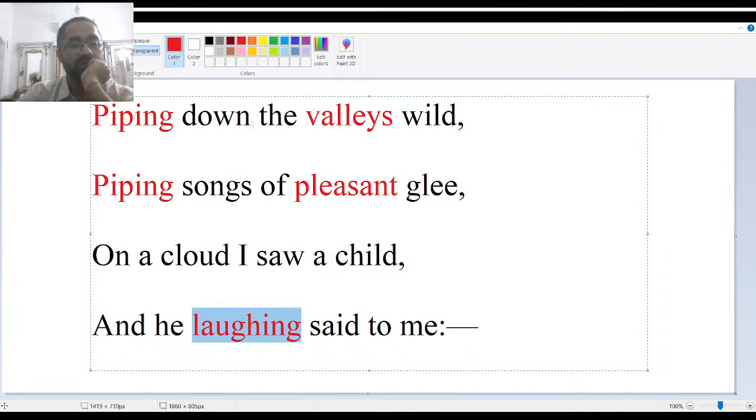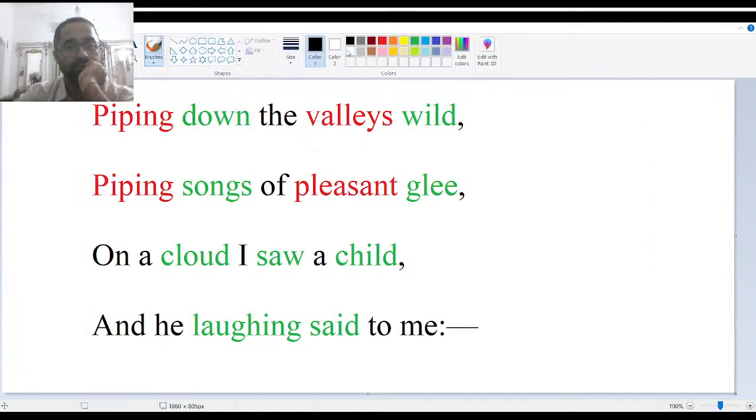So next we come to the important parts of speech. Down, wild, songs, glee, cloud, saw is a verb, child, said, right?